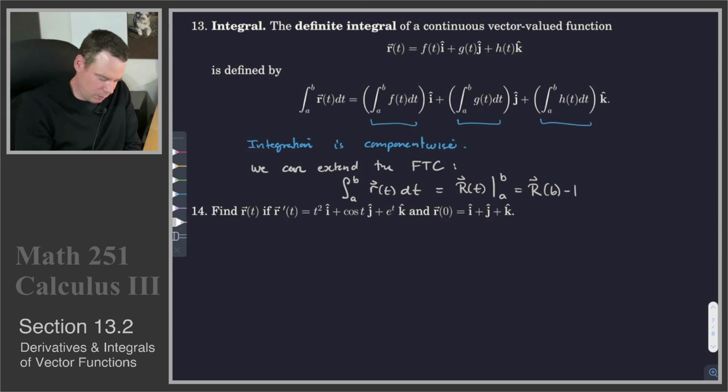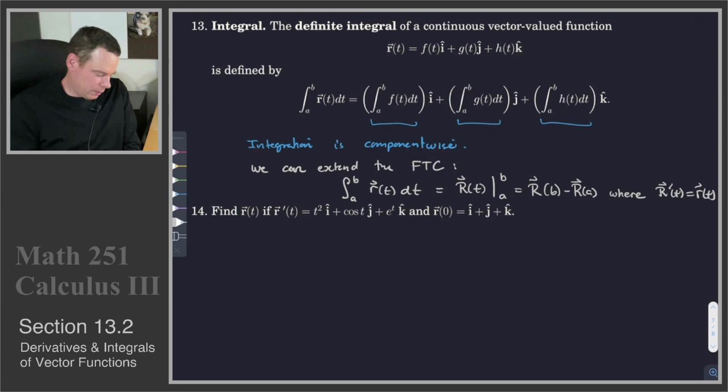So r of b minus r of a, where r prime of t is r of t. In other words, where big R is an antiderivative of little r. I'm just going to fix this word where because it looked a little messy there.